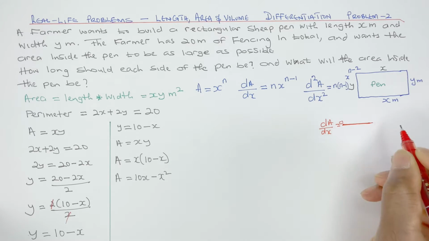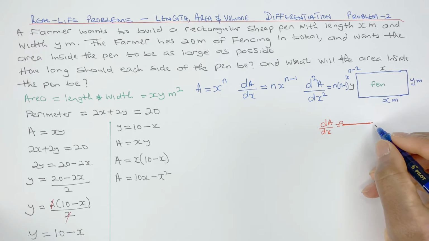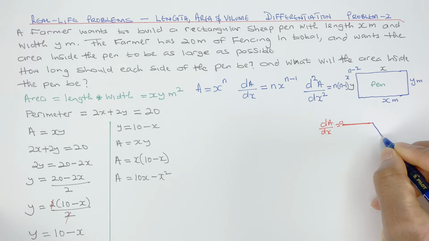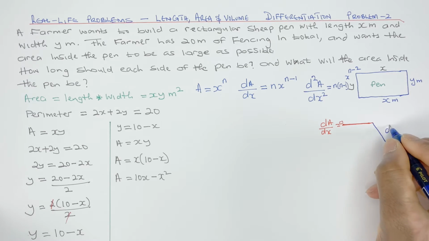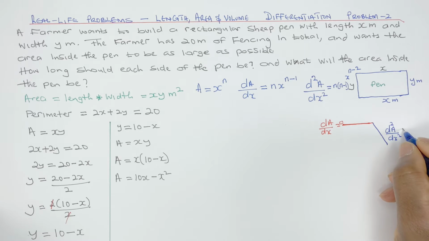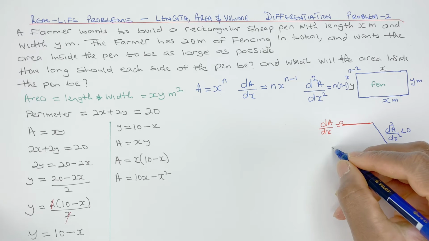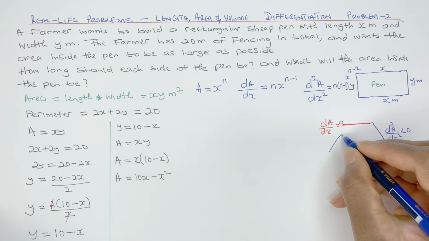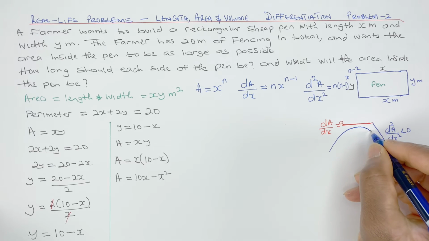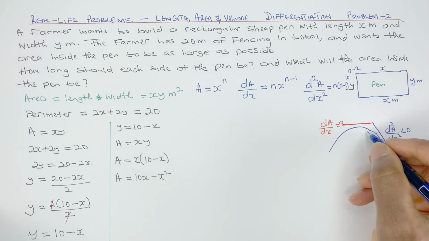That means it's stationary. If we then differentiate again and it's negative, that means d squared A over dx squared is less than 0, negative. Well, that would be a maximum because your curve is going like that. So that's a maximum.